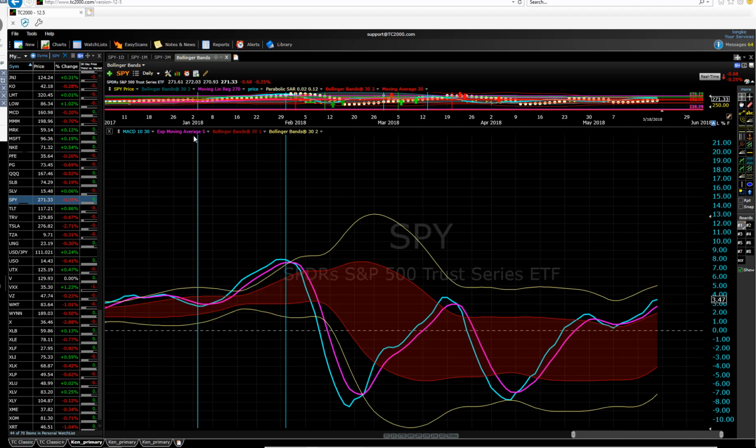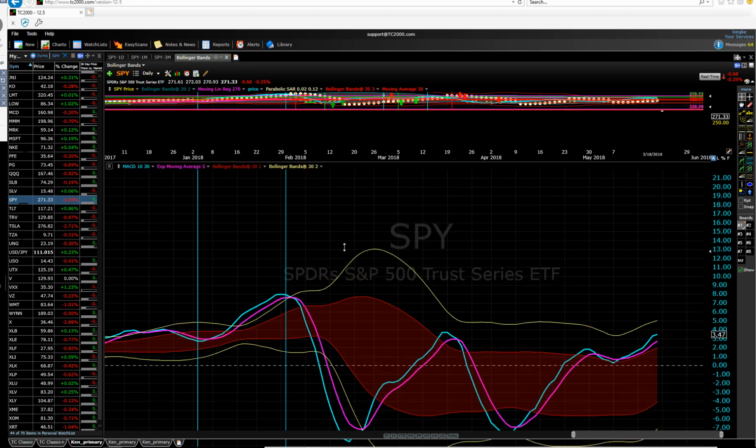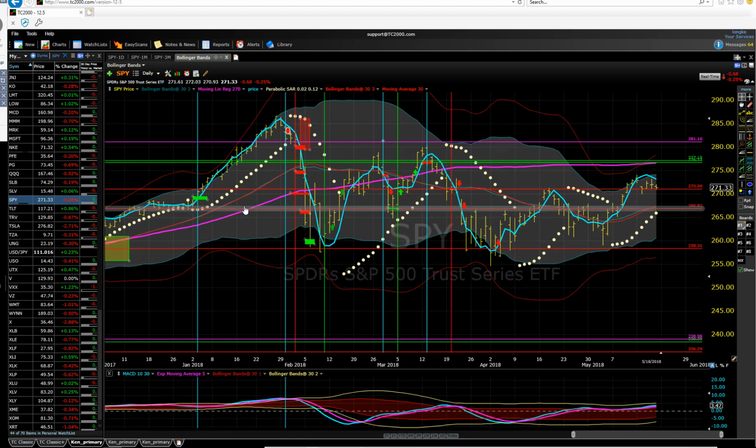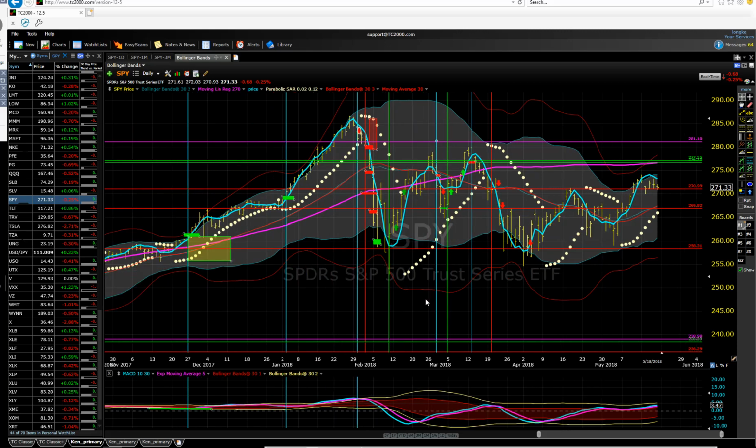And so let me shrink this down. So, you know, we have price up in here, and we have the RL10s and the 30s and all that stuff. This is the S&P 500. But some of the price action can be a little tricky. And so what I've been doing is using the MACD histogram, let me make this a little bit bigger, to pick up a directional bias.